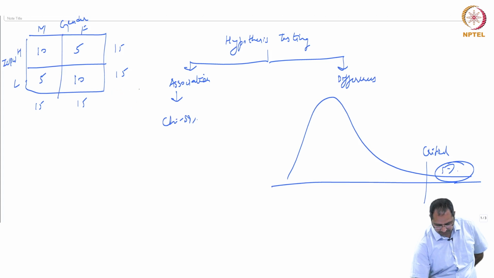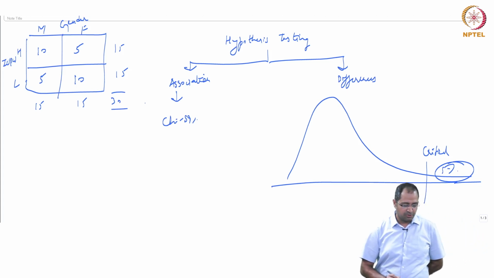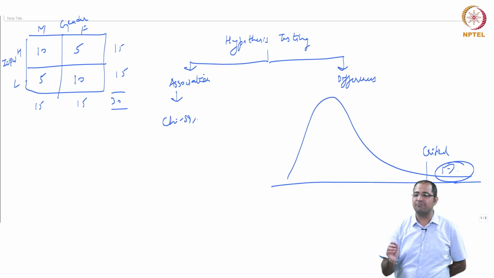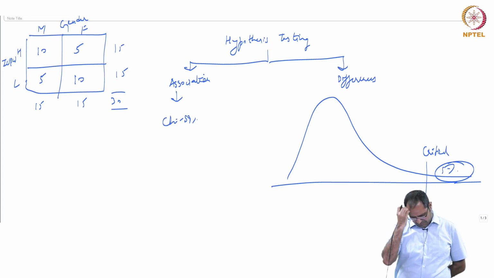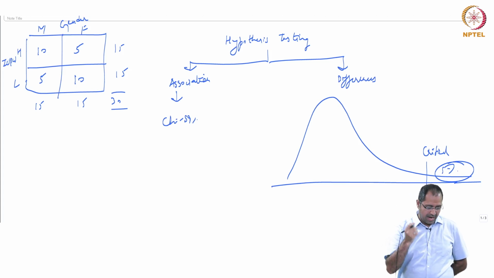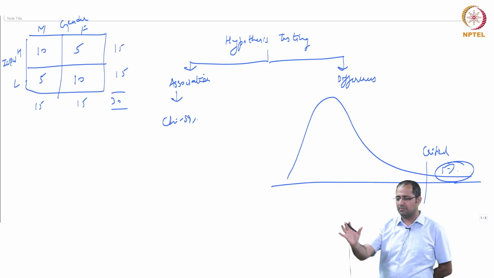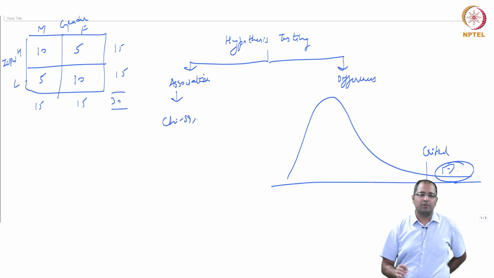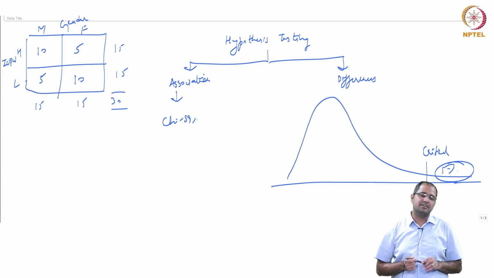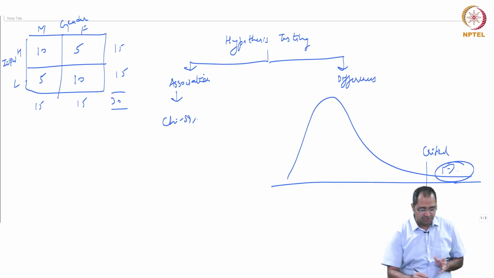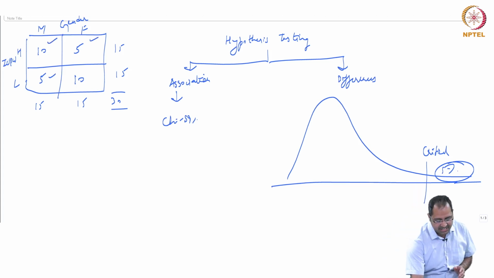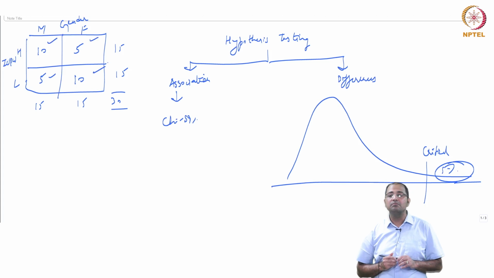Sorry, the total on both sides is 30. In the null hypothesis we say that there is no association. When there is no association, the frequency in all four cells should be equal.